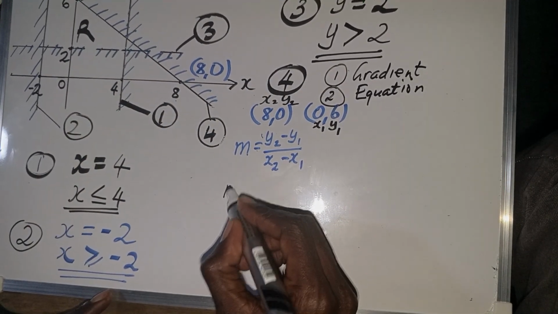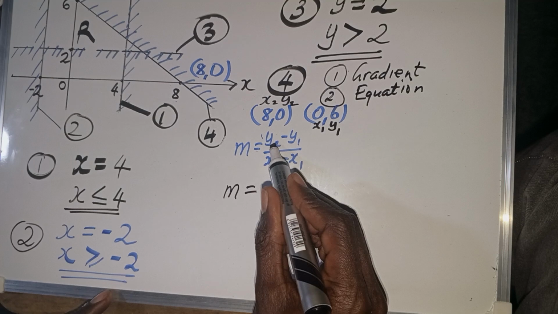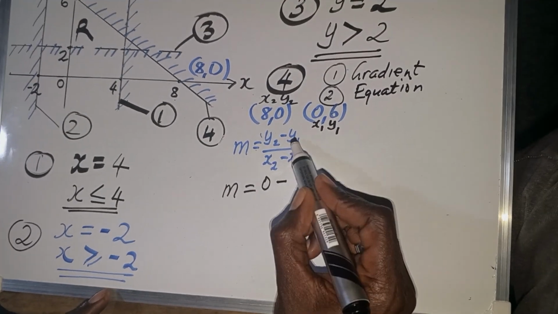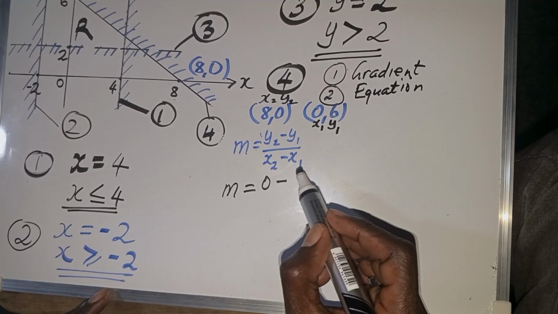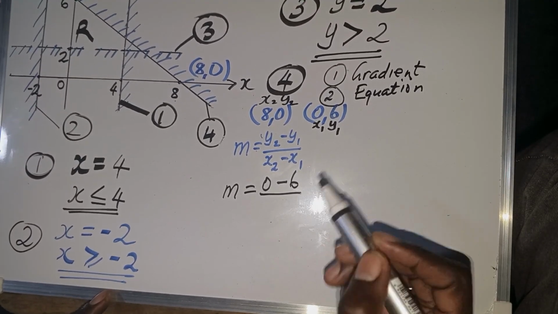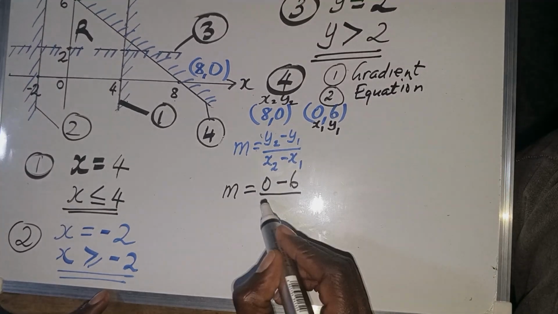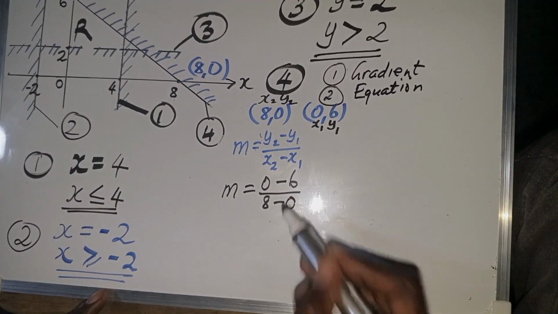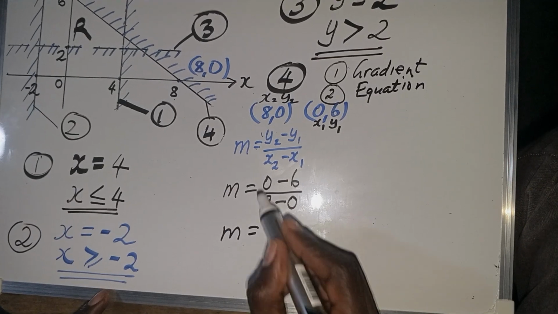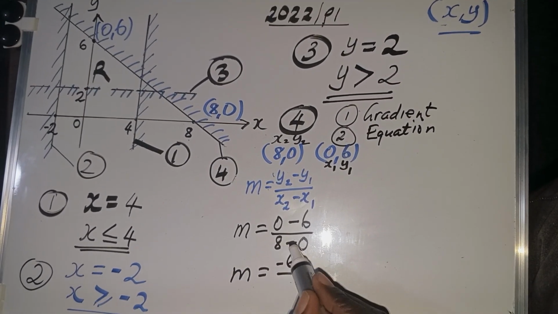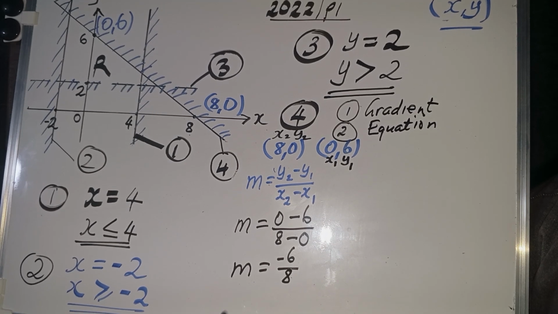So let's replace. The gradient is equal to what is my y2? It is actually 0, minus my y1, which is 6, over what is my x2? It is actually 8, minus my x1, which is 0. So the gradient, 0 minus 6 will give us negative 6, over 8 minus 0 will give us 8.